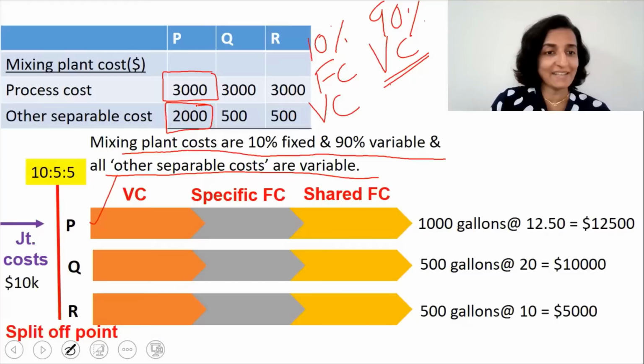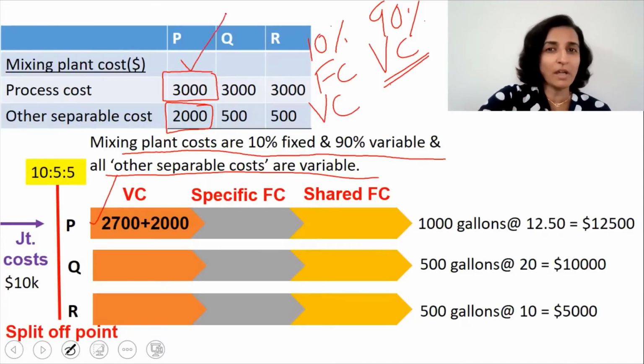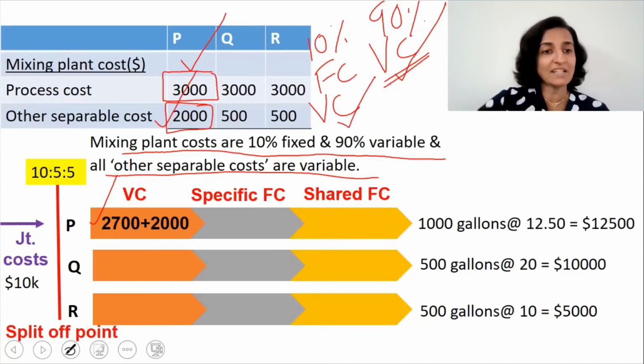So I will write that against P. I will explain once again. What is the variable cost written against product P? $3,000 multiplied by 90% because only 90% is variable, plus $2,000, which is completely variable. So that is why 2,700 plus 2,000 has been indicated in our diagram.